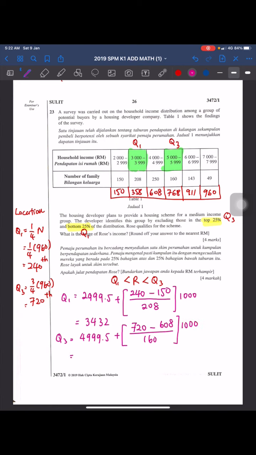Kita tekan calculator. So our final answer 5700. Okay, dah habis belum?